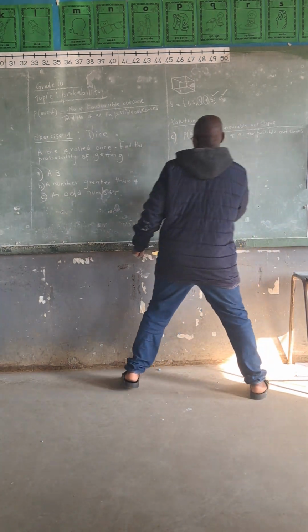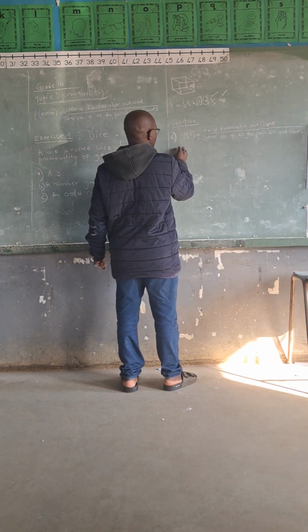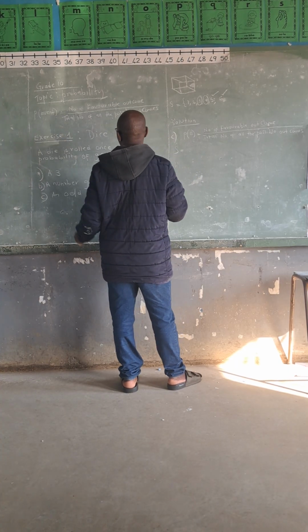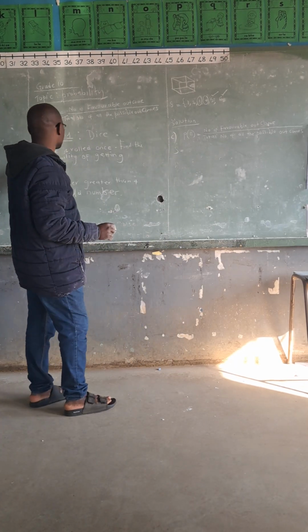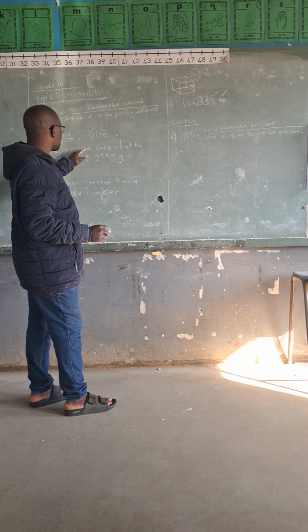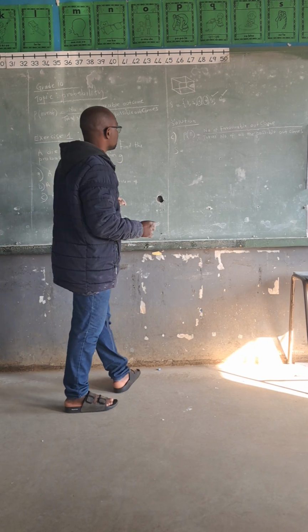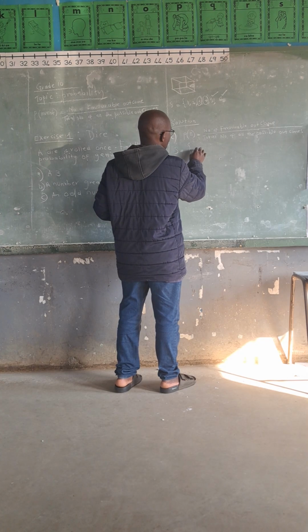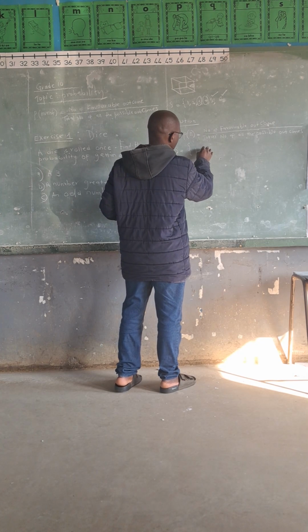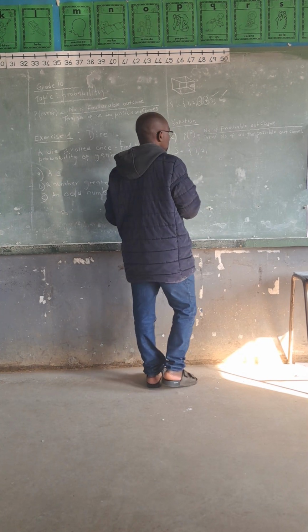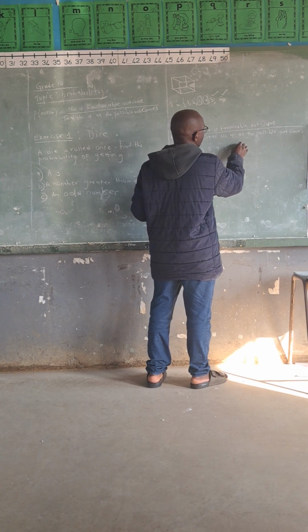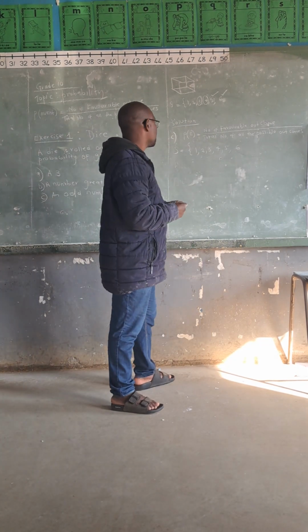Okay. Let me write down the sample space. Rolling a die once, we have 1, 2 in our sample space, 3, 4, then 5 and 6.